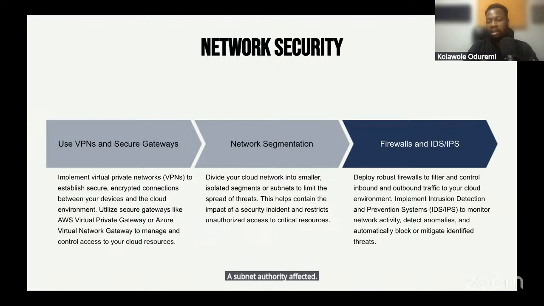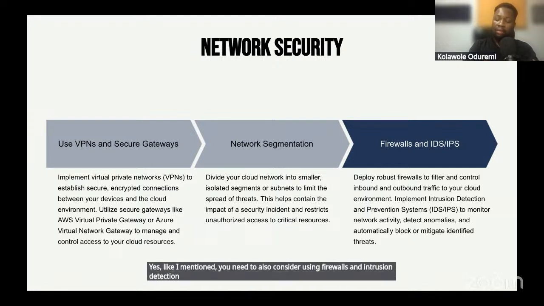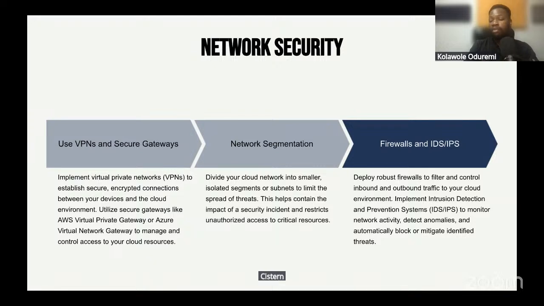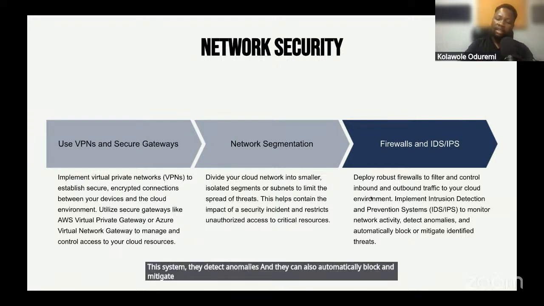Like I mentioned, you need to also consider using firewalls and intrusion detection and prevention systems, IDS and IPS, just to monitor network activities. These systems detect anomalies, and they can also automatically block and mitigate identified threats.